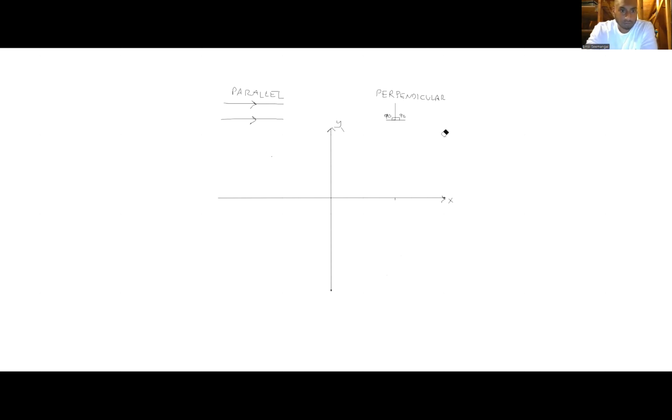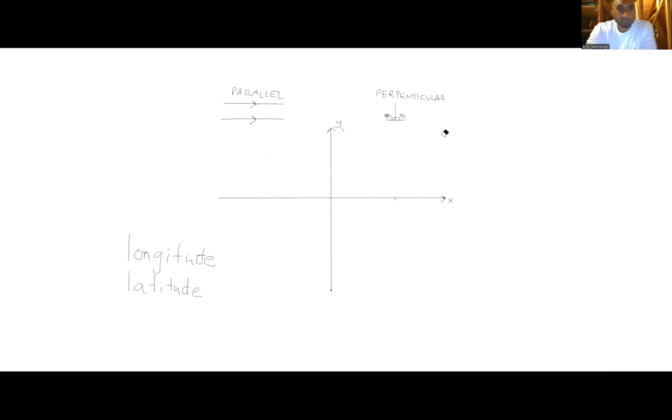Longitude and latitude. What does that mean? It's the two lines of the earth, and one goes sideways and one goes up and down. Exactly.